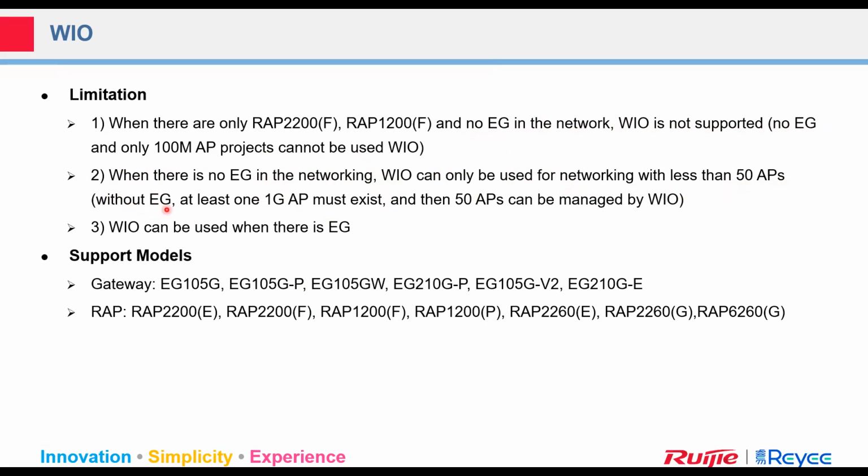Without EG, it requires at least one AP with 1 gig WAN interface, and the 50 APs can be managed at WIO. So WIO can be used when there is an EG. So these are the models that can support WIO. So EG, we have a series of EG here and a series of wireless AP here.